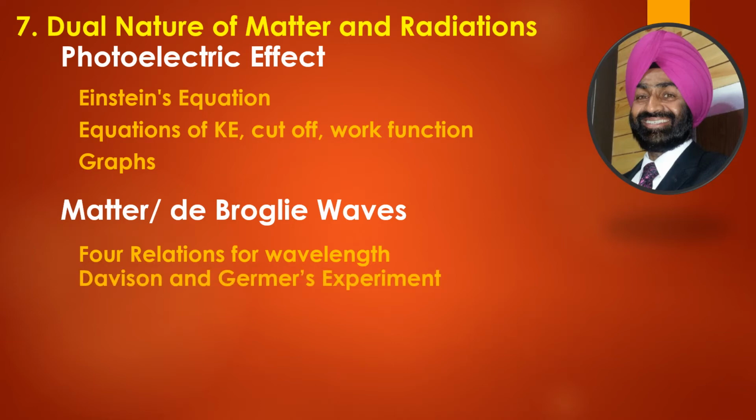Then there is Davisson and Germer's experiment. Sometimes only the experimental setup is asked in the exam. Then you must learn the graphs corresponding to Davisson and Germer's experiment. These graphs are specially drawn in another system of coordinates, that is polar coordinates.